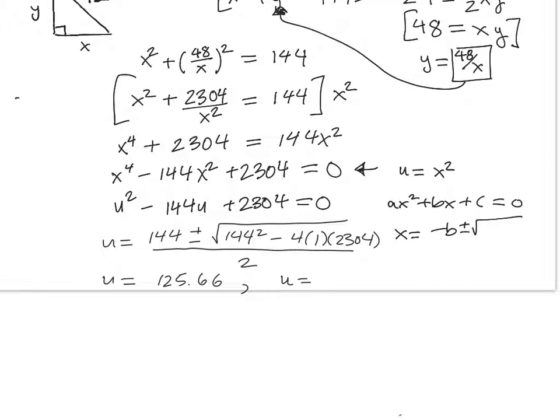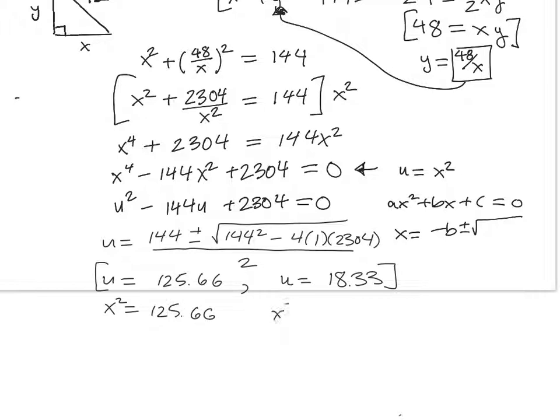No, that's wrong. 18.33 is my other one. I think if you had a calculator and had enough time, you could figure out that that's what those two answers were. Now, are those actually your answers? No. You've got x squared equals that thing.